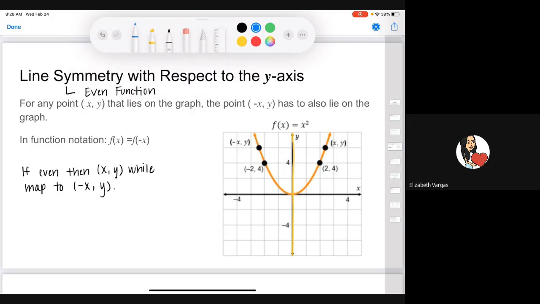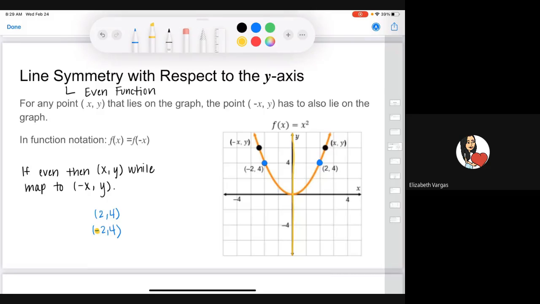Well, let's look at these points on this graph. Here we have 2 and 4. So that's our original x, y. So we have 2 and 4. Well, when we do that line of symmetry, what we get as a result is negative 2 and 4. And what we can see there is the only thing that changed was x.